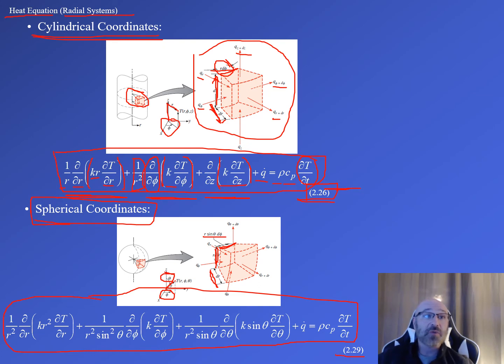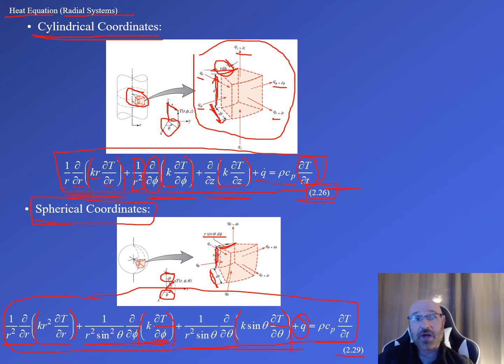So we have 1 over r squared times the partial with respect to r of k r squared times the partial of T with respect to r, plus, for our phi term, 1 over r squared sine squared theta times the partial with respect to phi of k times the partial of temperature with respect to phi, phi not theta, plus for our last term, our theta term, we have 1 over r squared sine theta times the partial with respect to theta of k times sine theta times the partial of T with respect to theta, plus we still have our q dot term.